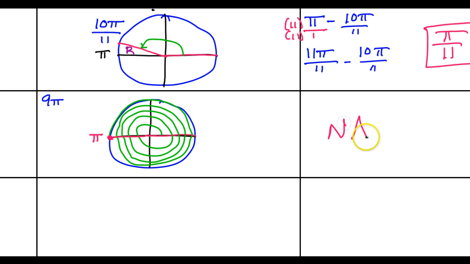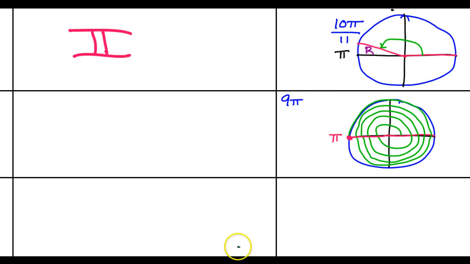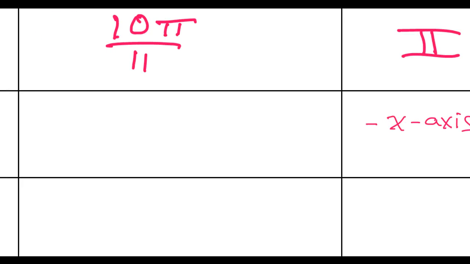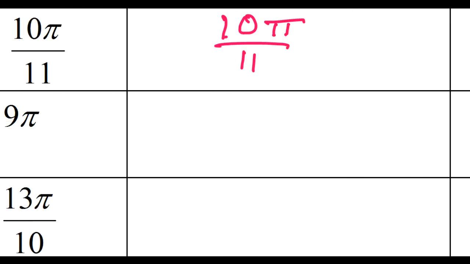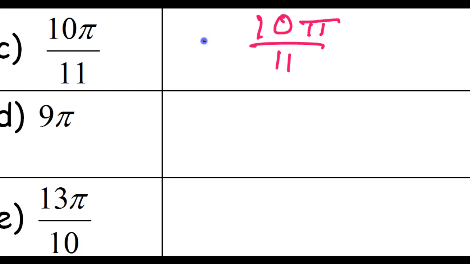So that's why this is going to be not applicable. There will be no reference angle. Quadrant, well, we're not in a quadrant, but we're on the negative x-axis. And as far as a coterminal angle, pi.